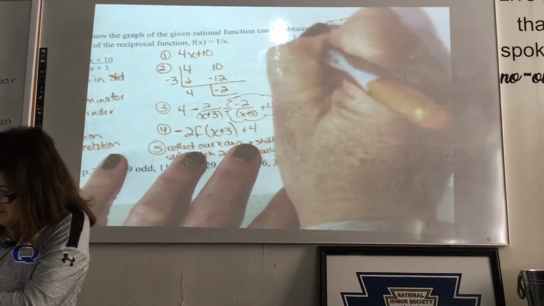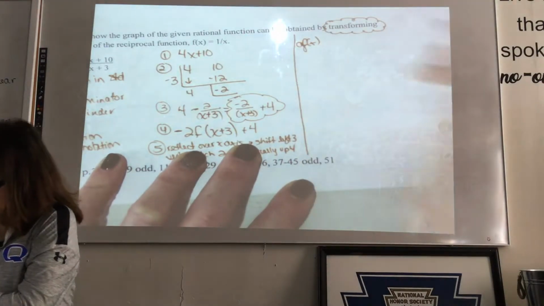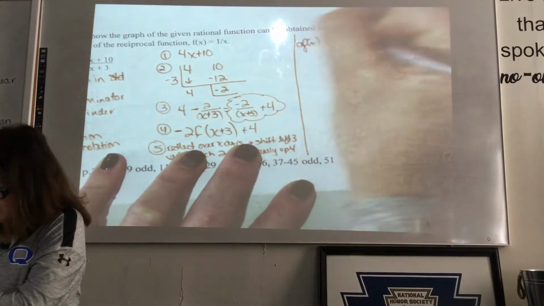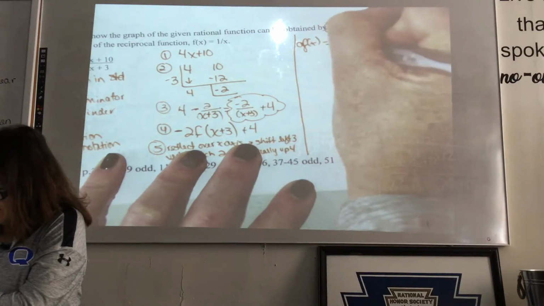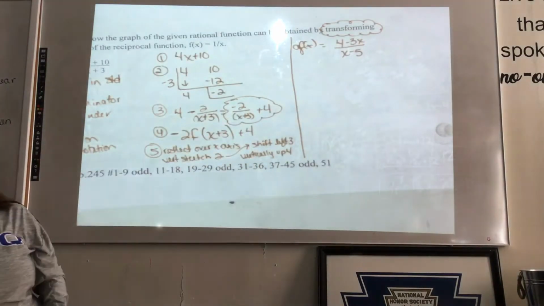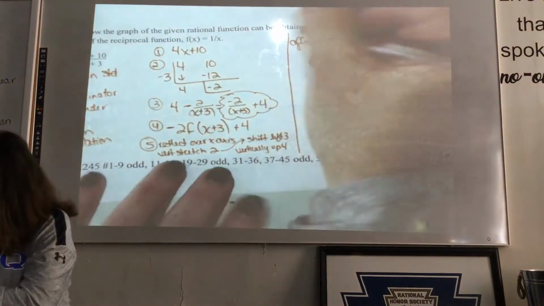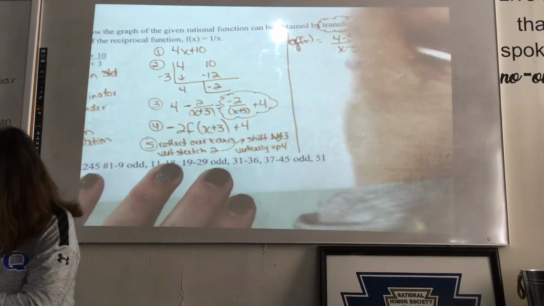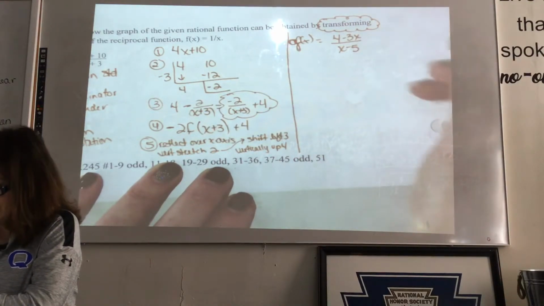F of x equals, actually I should say g of x because f of x is still 1 over x. So g of x equals 4 minus 3x over x minus 5. Even though that looks like a really squirrely g of x equals 4 minus 3x divided by x minus 5.